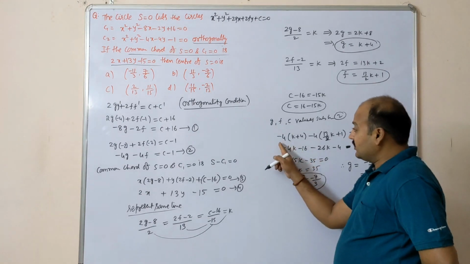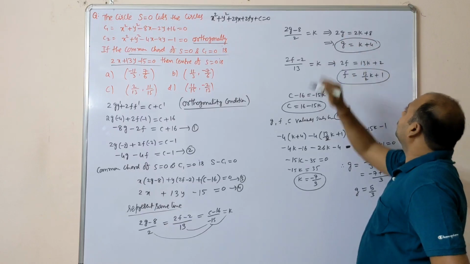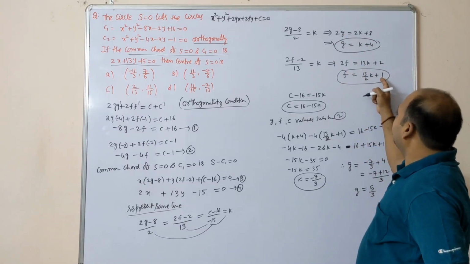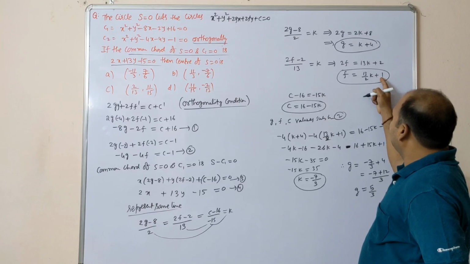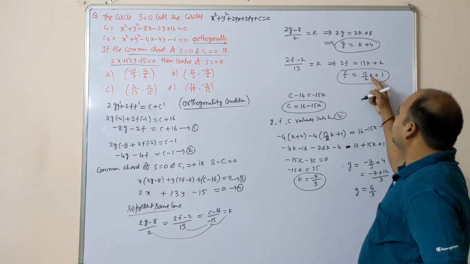Once you check, students, here minus 4 into g value (k plus 4). Here the 2 divides, it is 1, 13 by 2 k. 13k plus 2, correct? Dividing by 2, okay.